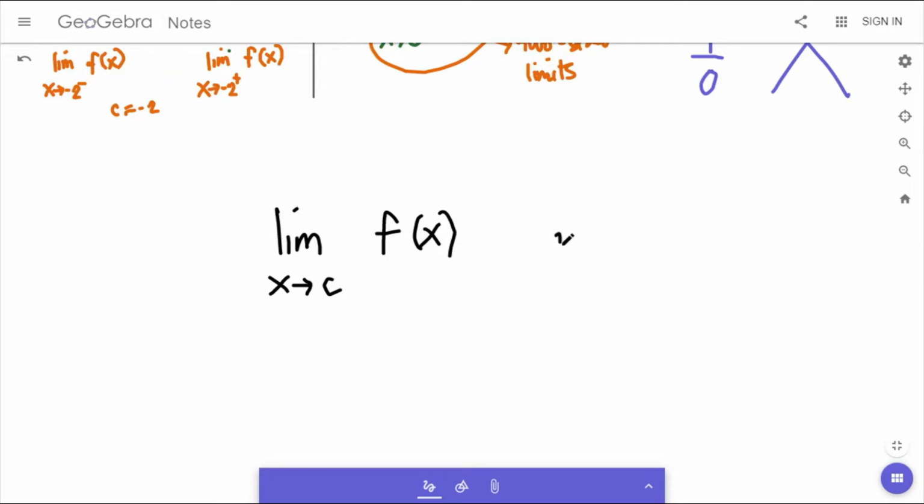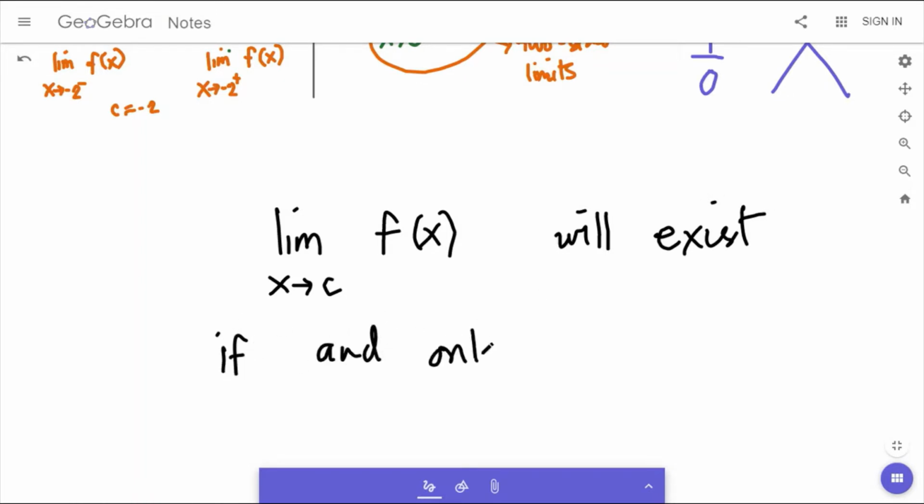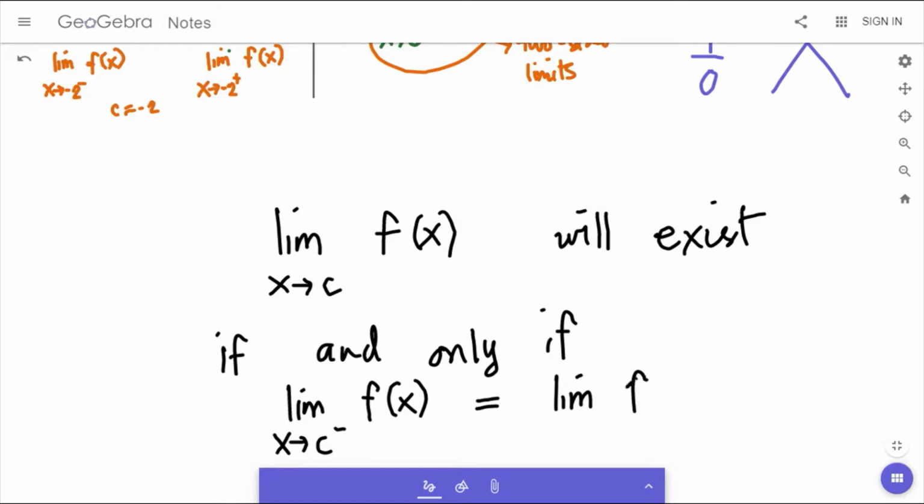Okay? It will exist if and only if, okay, very strong ang condition. Mag-exist lang daw yan kung ang limit from the left ay equal.